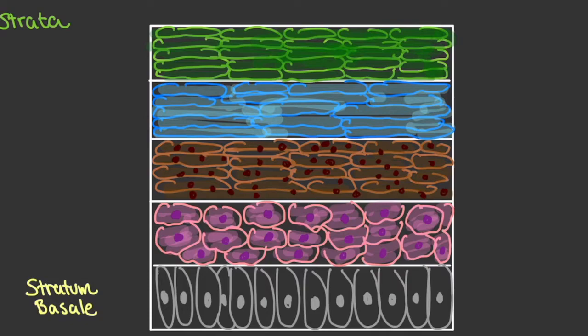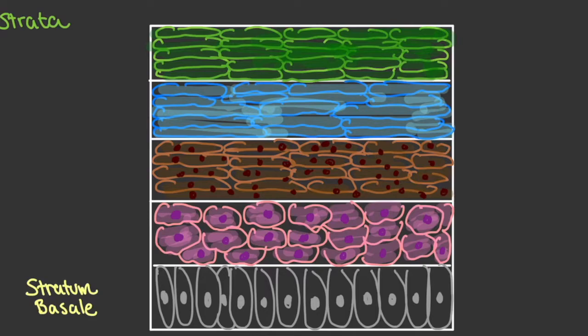Now, think about this. The basale has what looks to be a simple columnar epithelium. In other words, we have one layer. It is column in shape, and we call it the base or the basale. In other words, it is this base on which all of the remaining layers of the epidermis lie.